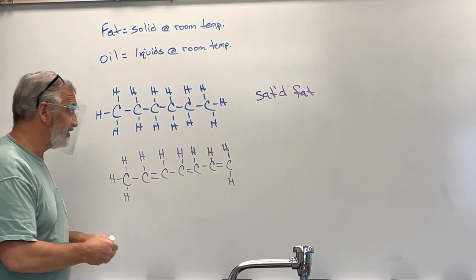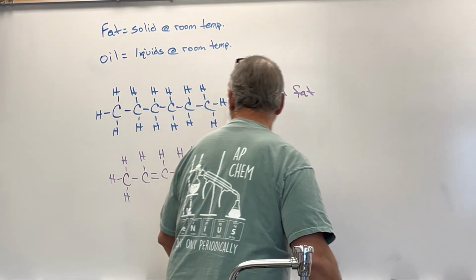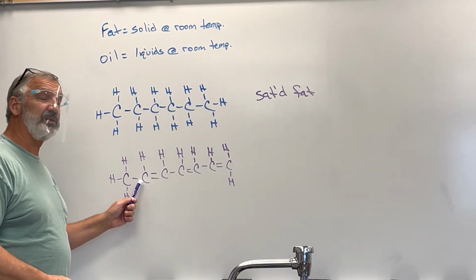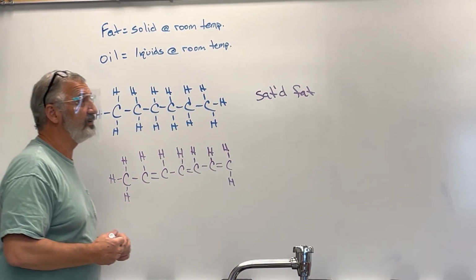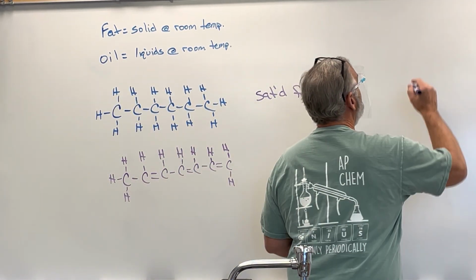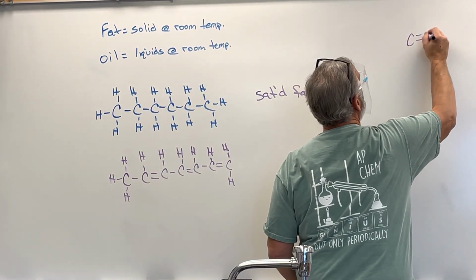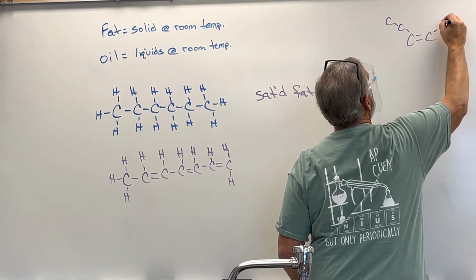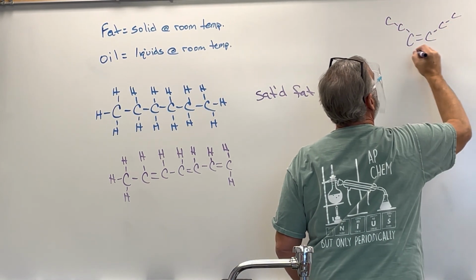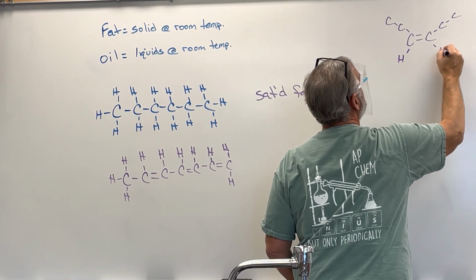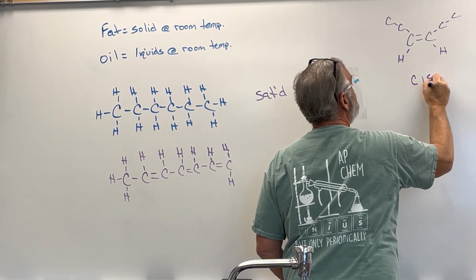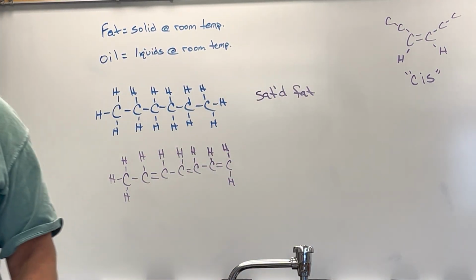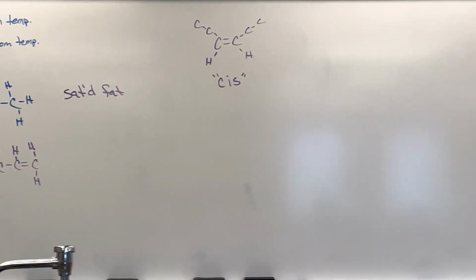Now, when we look at the shape of this one, there are 2 ways in which a molecule can grow around the double bond. So if we have the double bond here, if the carbon comes off on the same side, and this is hydrogen, hydrogen, we call this the cis isomer. Okay? Cis meaning same.